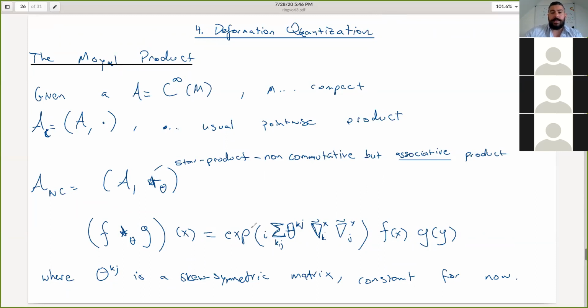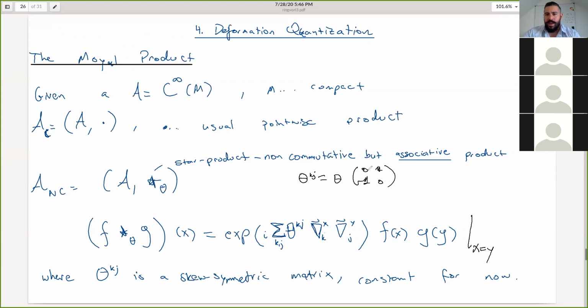It is given as the exponential of the sum over some skew-symmetric matrix times the nabla with respect to x, the nabla with respect to y, acting on functions f of x times g of y, and at the end of the day we set x equal to y. So it's a power series. The nice thing about this is, if I set theta equal to 0, this matrix is given by some deformation parameter, let's call it theta, a real parameter, times the matrix 0, 1, -1, 0.